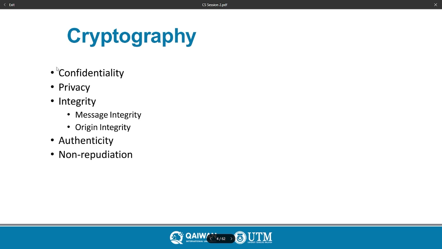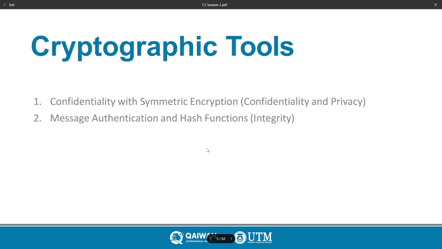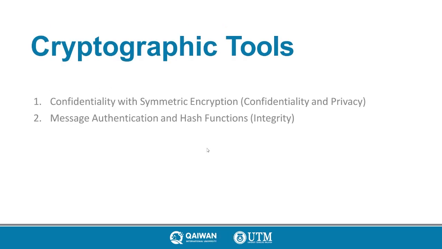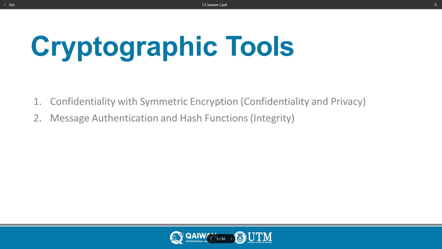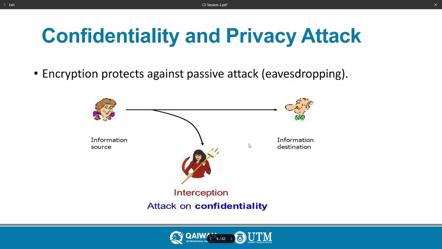We will talk about each one in detail in the upcoming slides. Now, cryptographic tools: confidentiality with symmetric encryption. This would be confidentiality and privacy. Then message authentication and hash function. This would be the integrity, making sure that we have integrity.